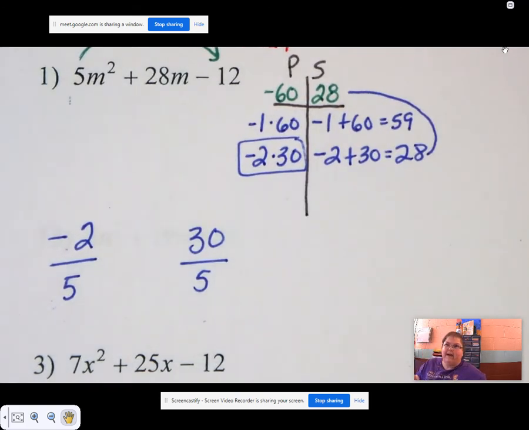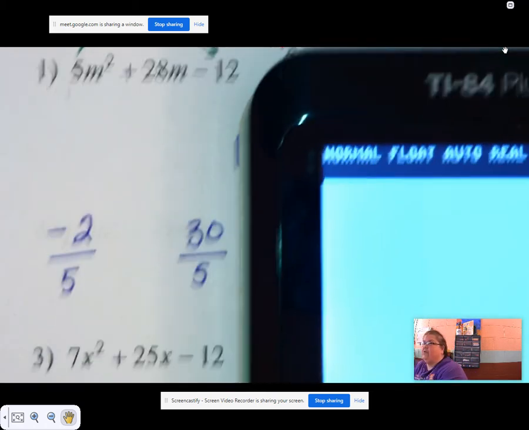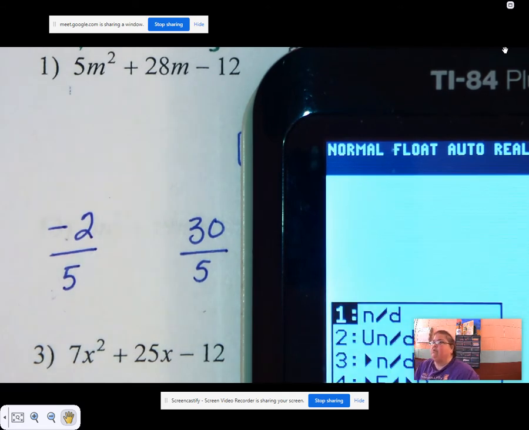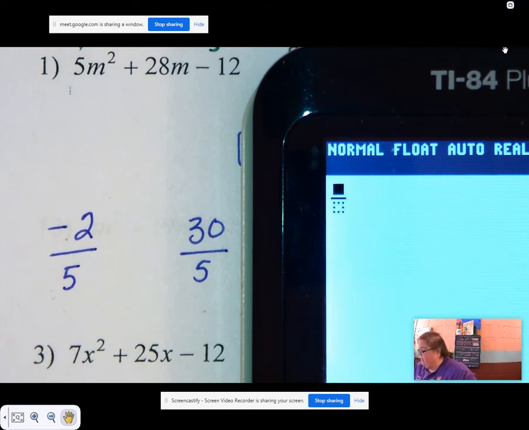Negative 2 over 5. Will that simplify? Well, Miss Langley, I'm not sure. Just as a reminder, here's how you do it. Alpha y equals, we're going to type that in as a fraction. Negative 2 over 5. Enter. Did it give me a different answer?